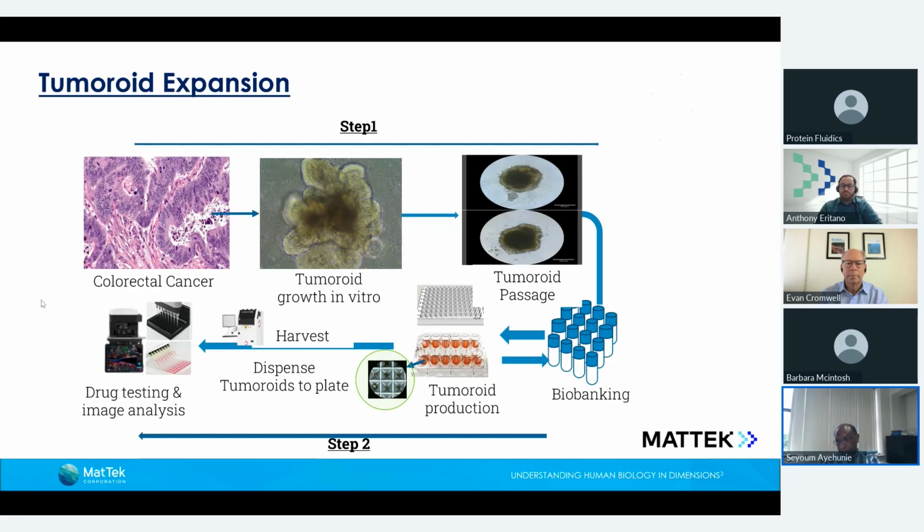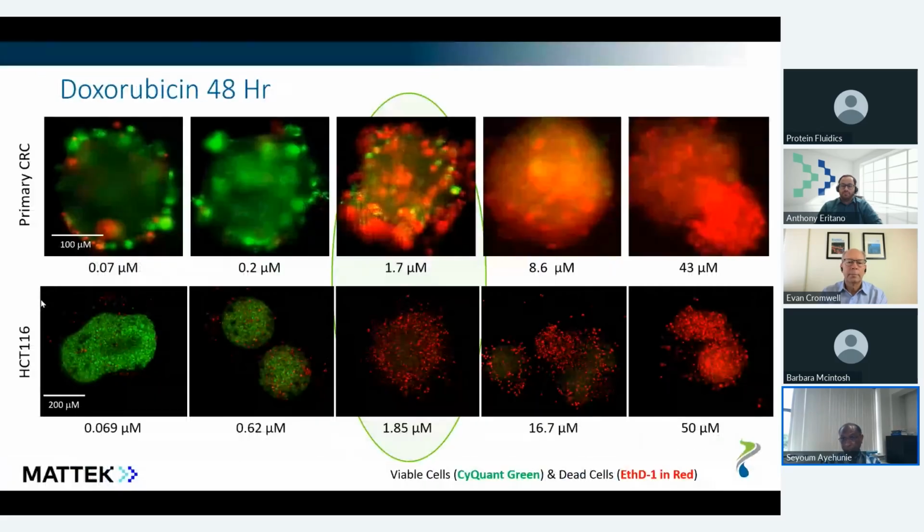Next slide, please. So I will give you some few examples how this work is going to be. This coordination, or integration, is applicable for cancer research to screen oncology drugs.